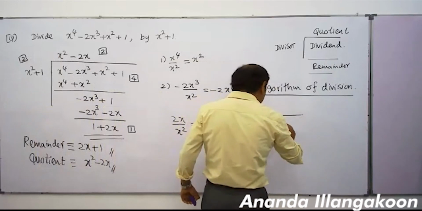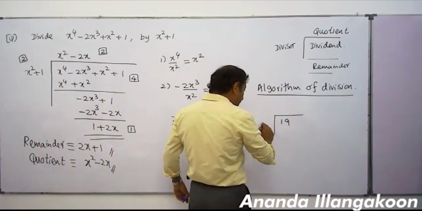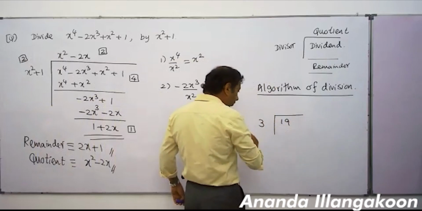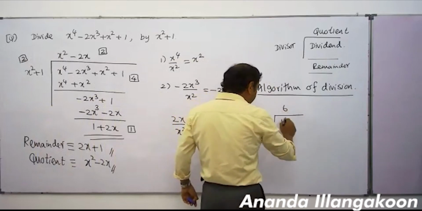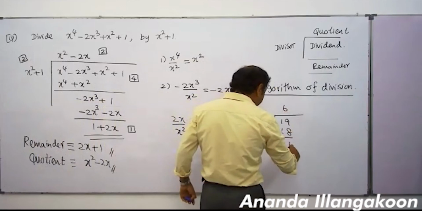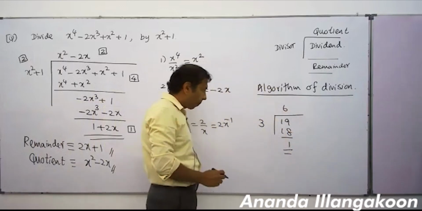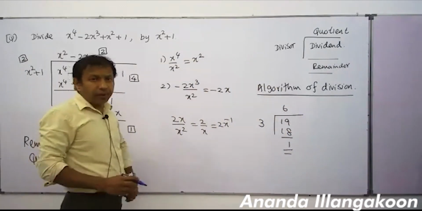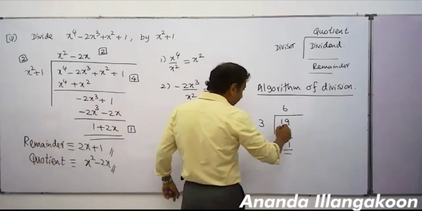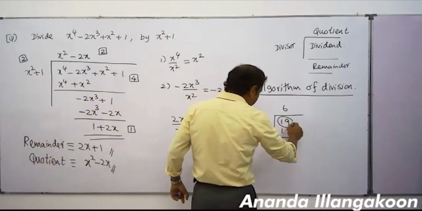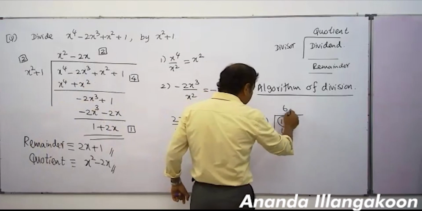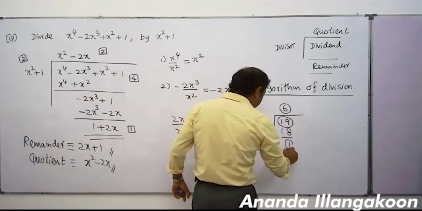For example, when I take 19 divided by 3, the answer is 6, 18, remainder 1. You can establish a general relationship among these 4: 19, 3, 6, and 1.